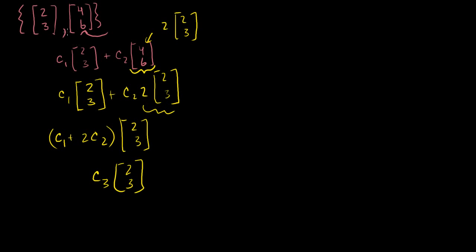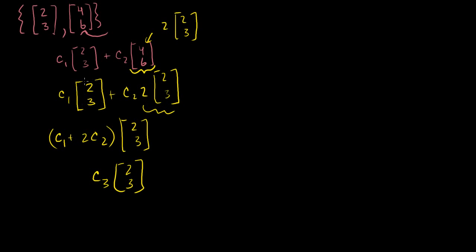So even though we started with 2 vectors, any linear combination of these, with this substitution, can be reduced to just a scalar multiple of my first vector. And I could have gone the other way around.